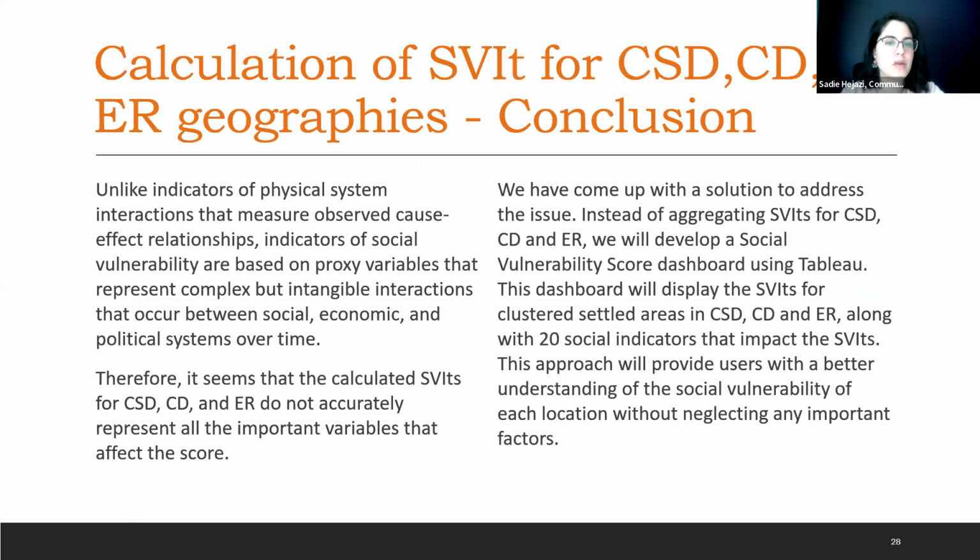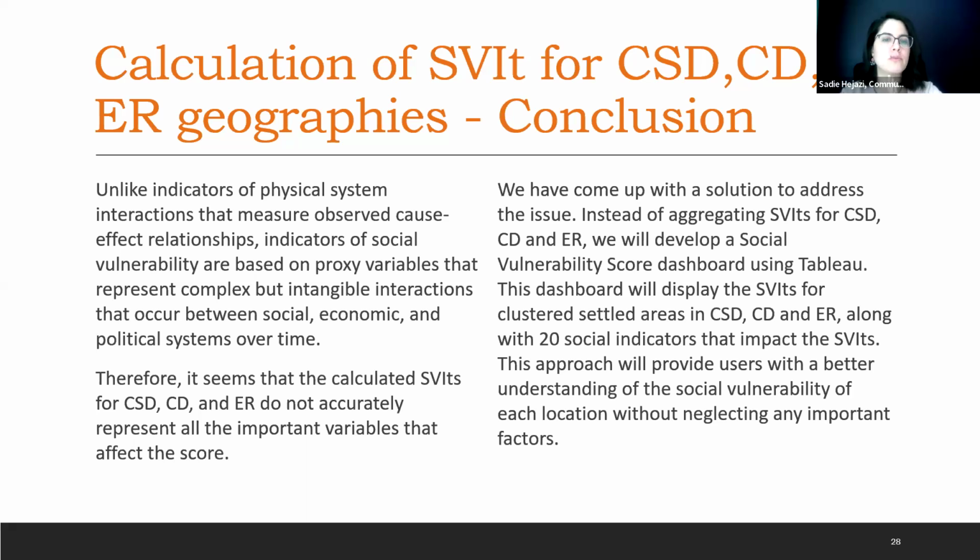We want to import this data without any changes, keeping the settled area geography, into a Tableau dashboard. That dashboard would display the social vulnerability for clustered settled areas in CSD, CD, and ER, along with the other social indicators, since we only used one.